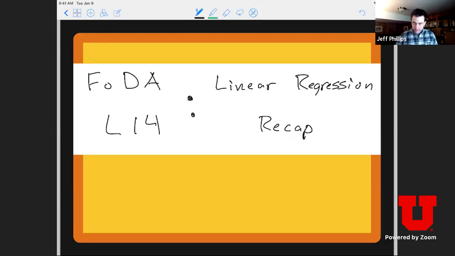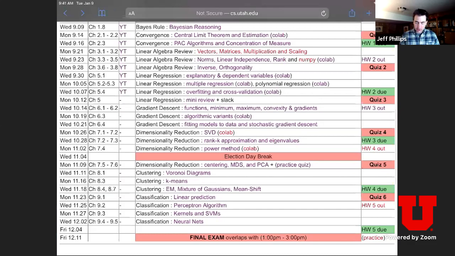But if we first look at the schedule, today there's not going to be any core new material. The goal of the lecture is to review some things that I think we went over slightly fast during the core lectures.